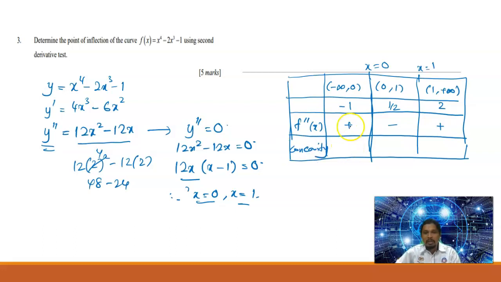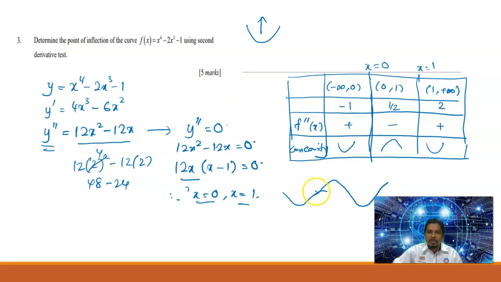Concavity for this one means that the mouth of the curve is facing up. This one facing down and facing up. So from here we can just imagine that the graph will be something like this.